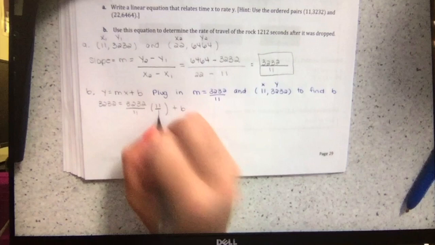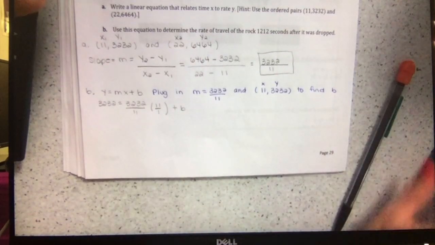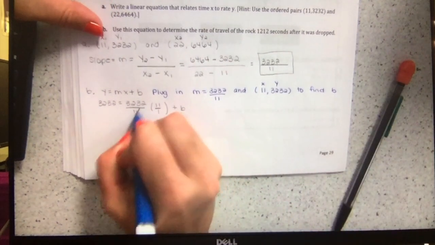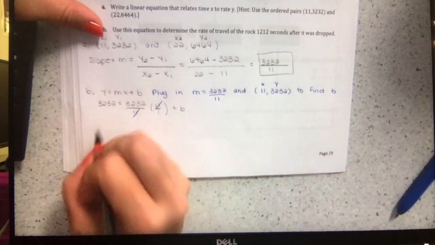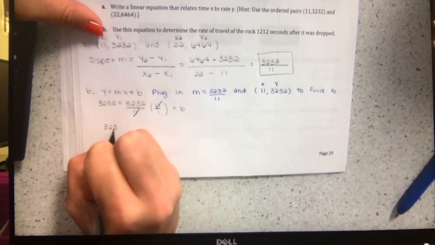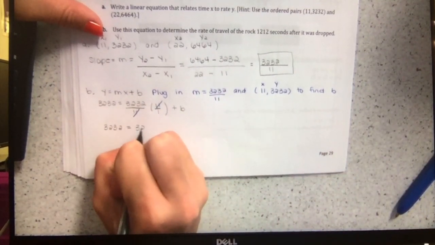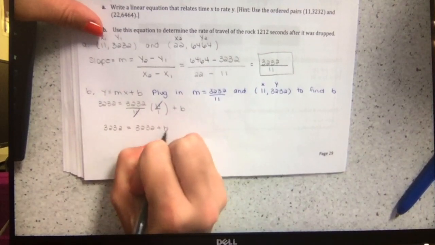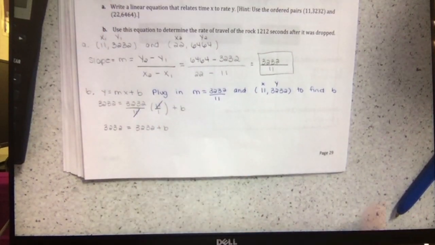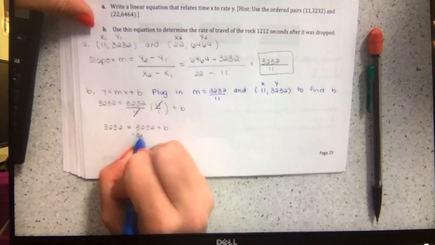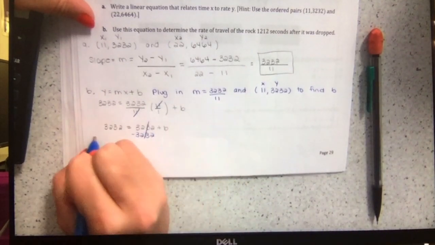If it helps you to write it as 11 over 1, that way our 11s cancel each other out. We're left with 32 equals 32 plus b. So b equals 0. Subtracting 32 from both sides, b equals 0.